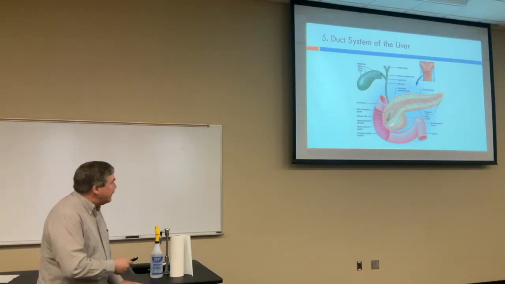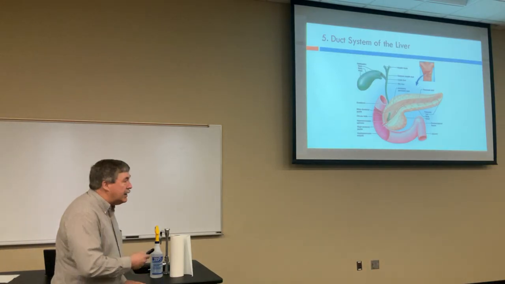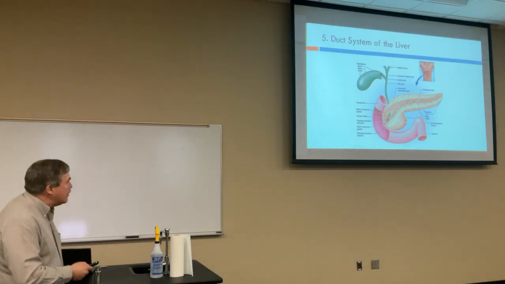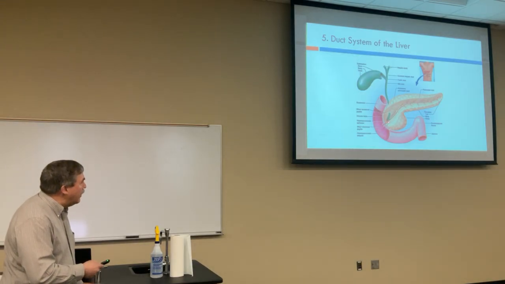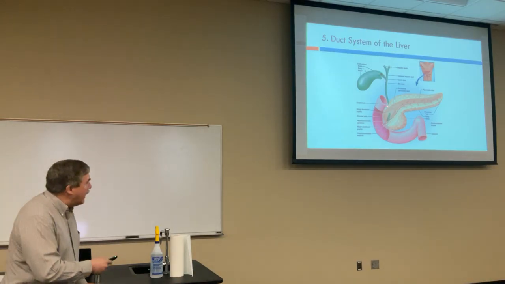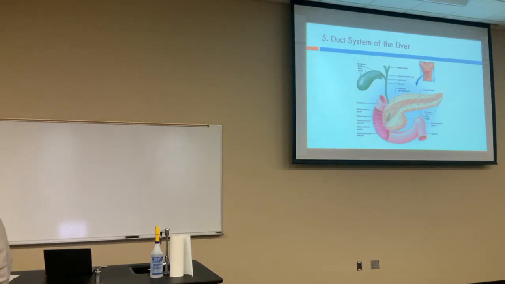Right at the very end of the hepatopancreatic ampulla is a ring of smooth muscle called the hepatopancreatic sphincter. That controls the flow of the fluids from the pancreas, which is called pancreatic juice, as well as bile from the liver.